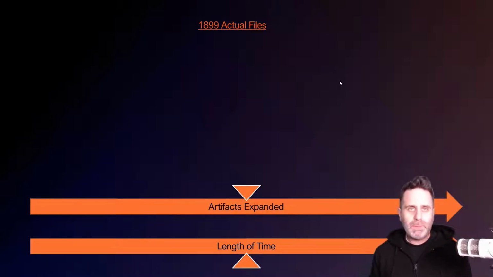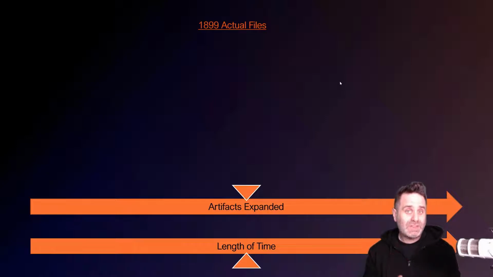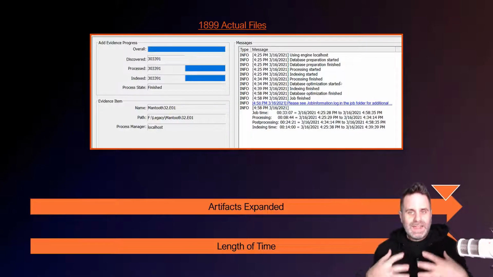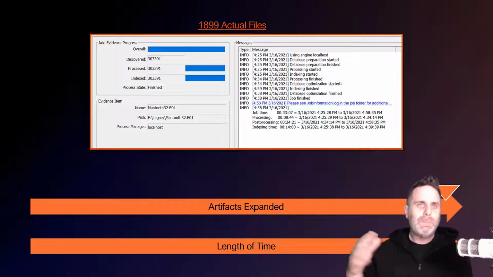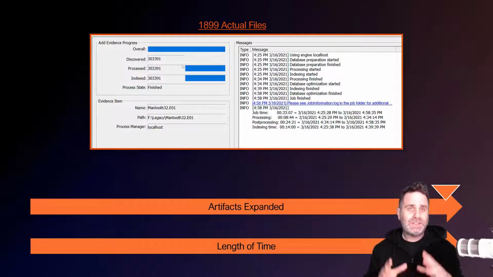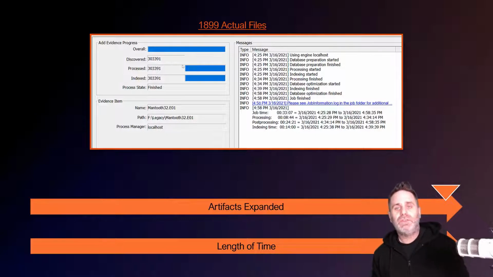So if I were to jump in and check all the processing options in FTK and run it against these 1,899 files, it's going to take just over 30 minutes, okay? And you can see that from these 1,899 files, we've generated 303,000 files.